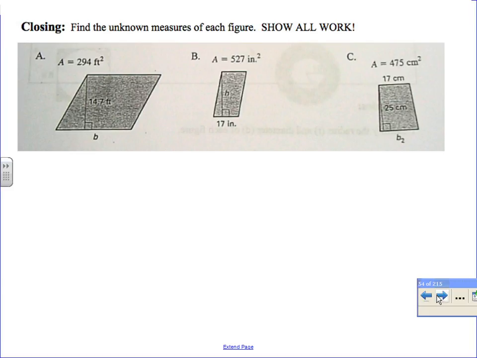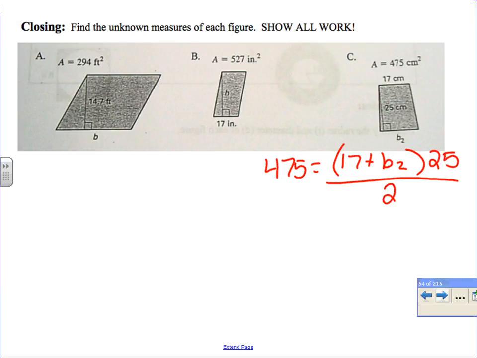This reminds me of those compound interest problems where you would have to find R or find T. So we need to set this up as 475, which is the area, is equal to base 1 plus base 2, which we do not know, times height divided by 2.